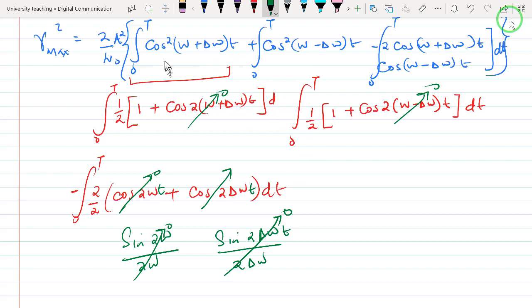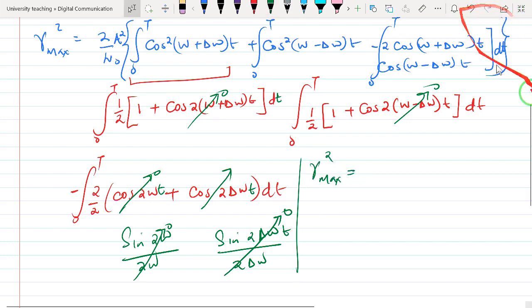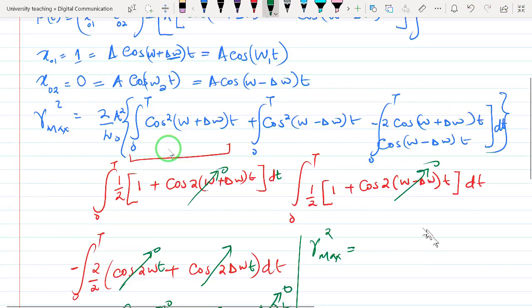So after the entirety of this integration, we are left with the 1 dt, and when you integrate 1 with respect to dt, you get t, and from the upper limit of T, we are able to say that our final gamma max squared will become our constant here, 2A squared all over N0.